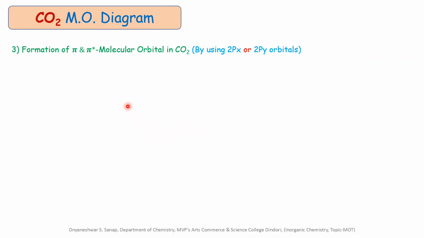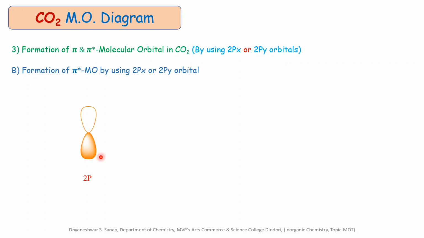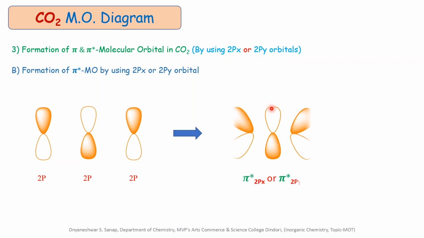Similarly, the formation of pi star molecular orbital by using the 2px and 2py atomic orbital of carbon and oxygen takes place when 2p orbital of carbon atom is combined with the 2p orbital of oxygen atom, but during the combination the signs of wave functions are opposite, and it results in the formation of antibonding molecular orbital.